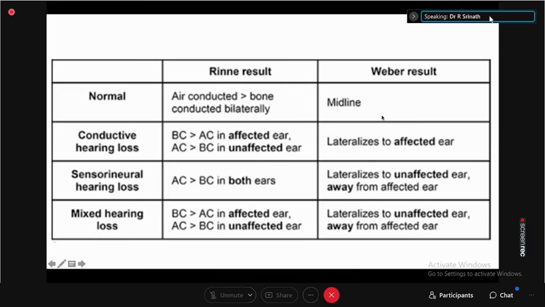And in Weber's test, it is lateralized to the affected ear because of the compensation of bone conduction. Whereas in sensorineural hearing loss, the Rinne's test may appear normal, but because of the abnormality on one side, it is heard better on the normal side. And in mixed hearing loss, there is a mixture of both features.